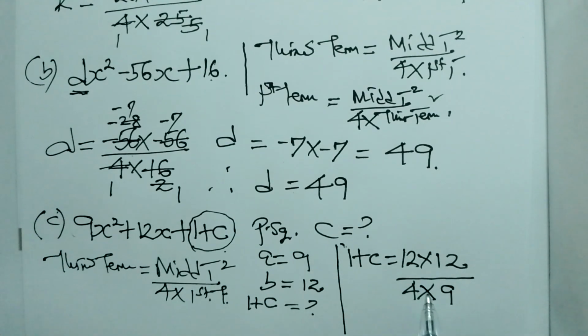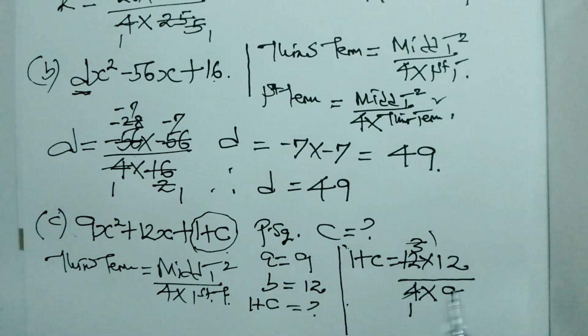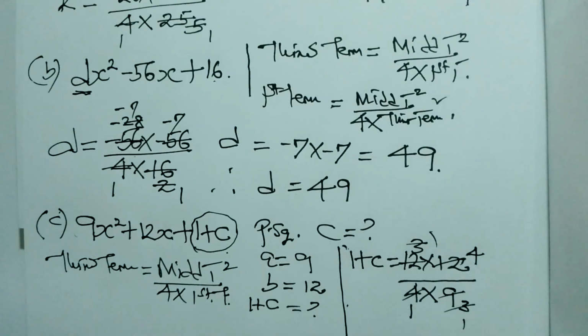Again, we can simplify this easily. By 4 you get 1, by 4 you get 3, by 3 you get 1, by 3 you get 3, by 3 you get 1, by 3 you get 4 by cancellation method. So 1 plus c is equal to 4.